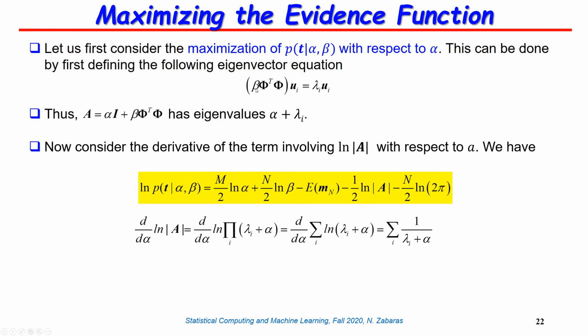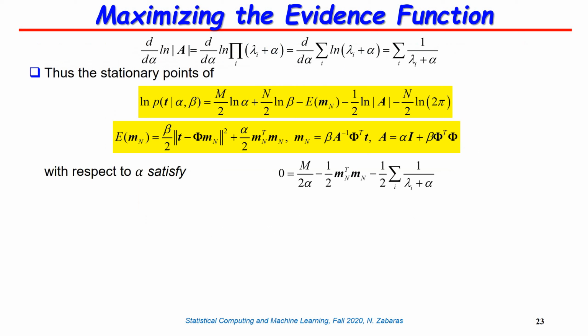Now, lambda i comes from the design matrix that involves your inputs only, all right? There is a beta there. So lambda i is really constant here in the derivation. So this gradient is the summation over i of 1 over lambda i plus alpha, okay? For a moment I thought that there was another approximation there, but really what we have is the summation of 1 over lambda i plus alpha.